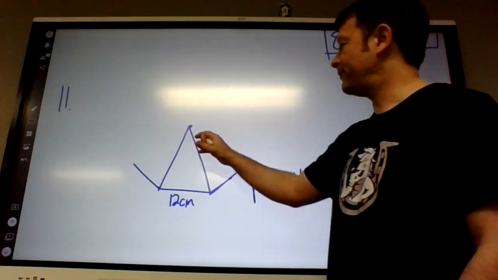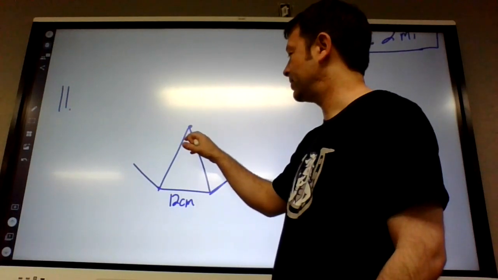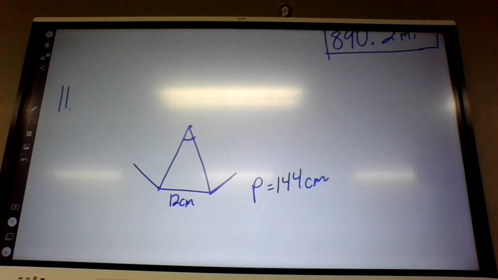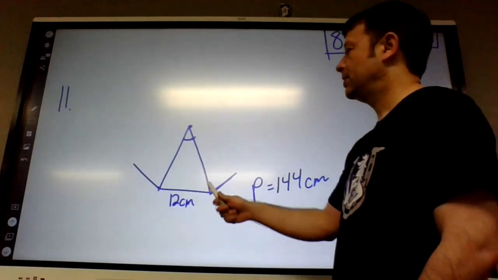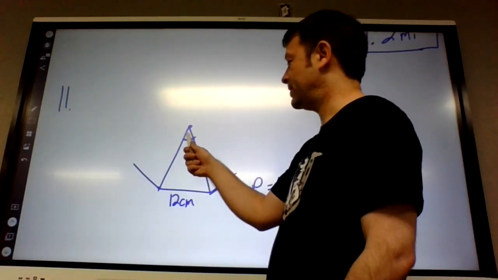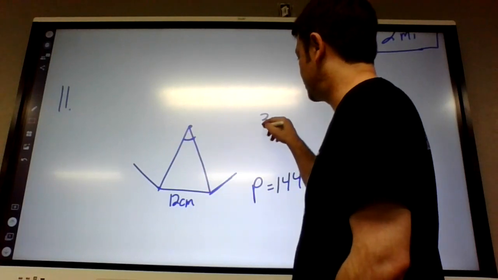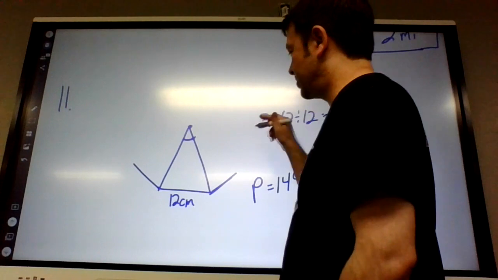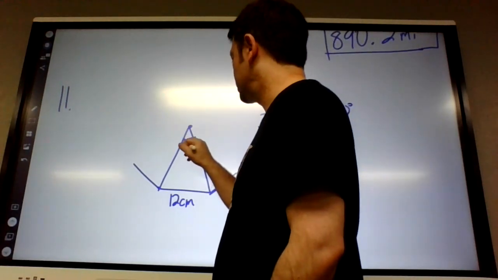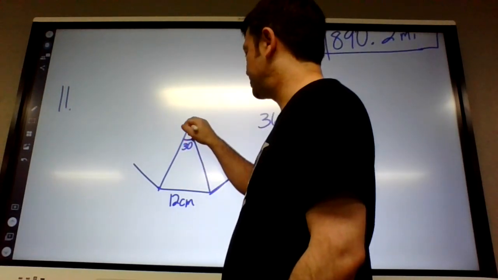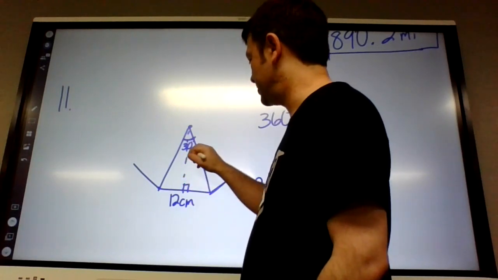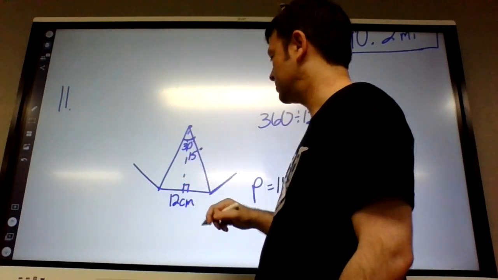Okay, how would I find the central angle right here? 360 divided by, in this case, 12. 30 degrees. And if you split it in half to get a right angle there, you get a 15-degree angle.